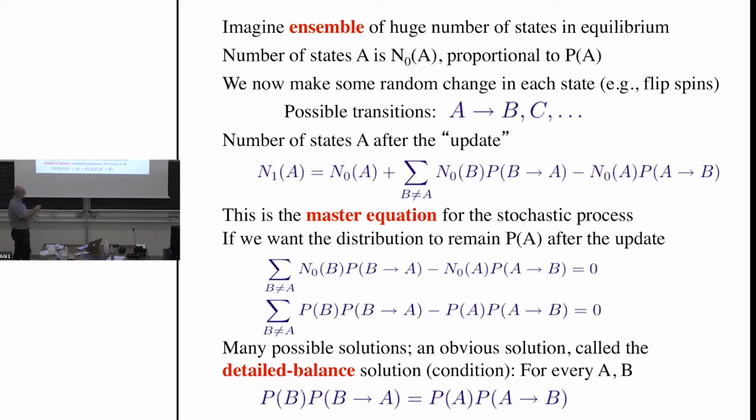This is, in our case, the Boltzmann distribution. So these are yet to be specified, but they have to satisfy that. So it's pretty clear that even if I'm not in equilibrium, I will get toward equilibrium if my update rules, P of A to B, satisfy this equation.